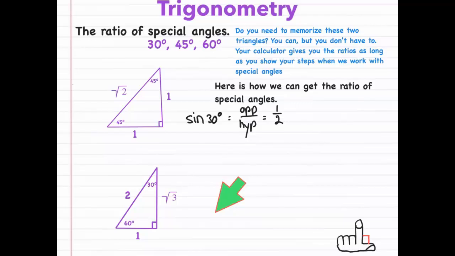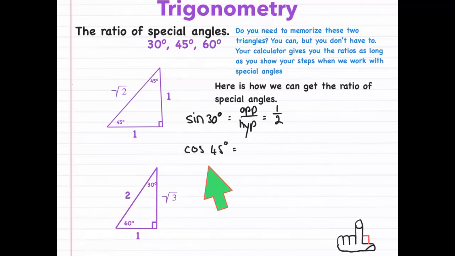Now, that's what we usually did, and we had to memorize these two triangles. But if you take your calculator, just like the previous lesson, and type sine 30 degrees equals, you'll get a half. So what if I ask you to get the cosine of 45 degrees?